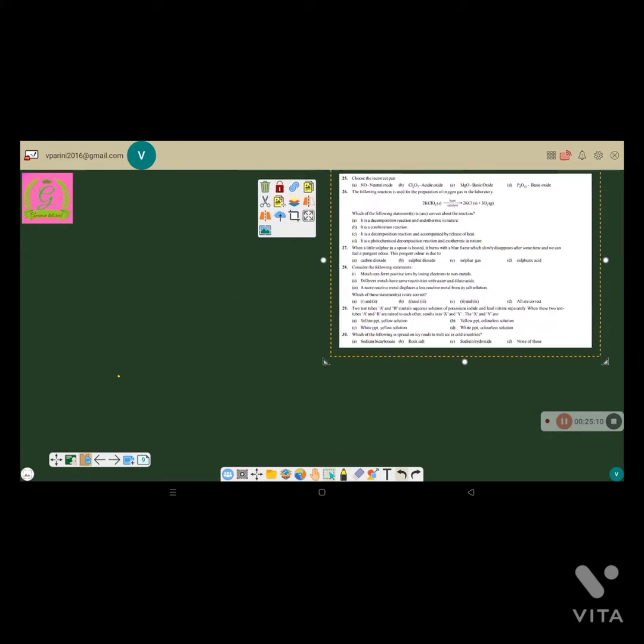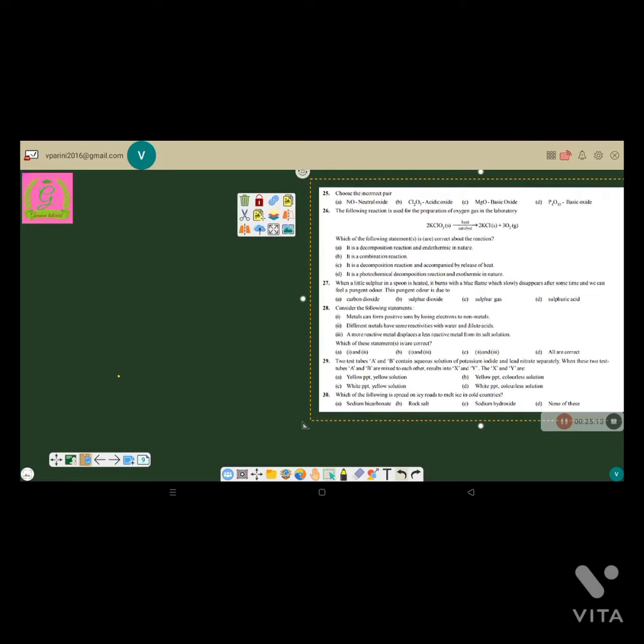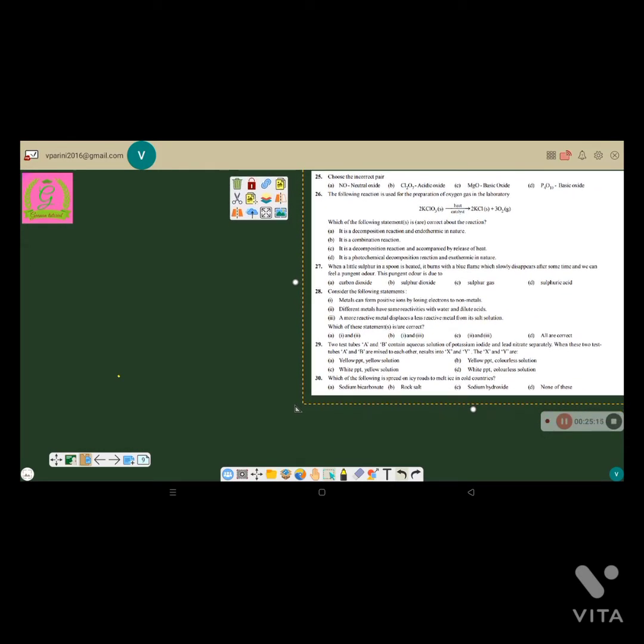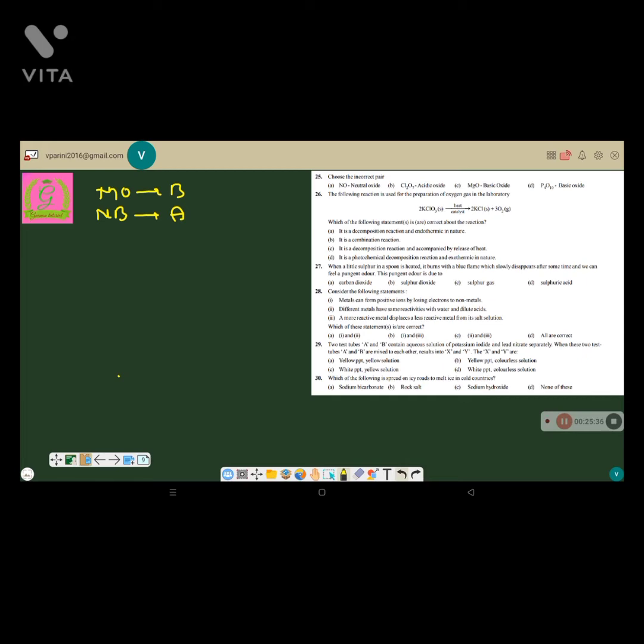Metal oxides are basic in nature, non-metal oxides are most probably acidic in nature, and metalloid oxides are amphoteric. So choose the correct statement here. Whereas NO is a neutral oxide, because nitrogen can form different types of oxides.